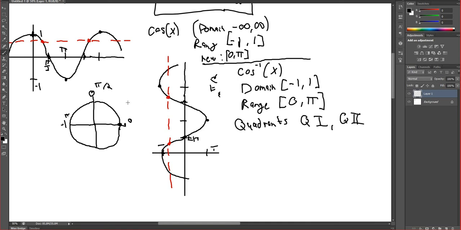And if we look in quadrant 1, well, everything is positive. This is the all. And in quadrant 2, only sine is positive, so cosine is negative. So we have our positive values in quadrant 1 and our negative values in quadrant 2. So every possible solution is covered by the domain. Any questions so far with that?